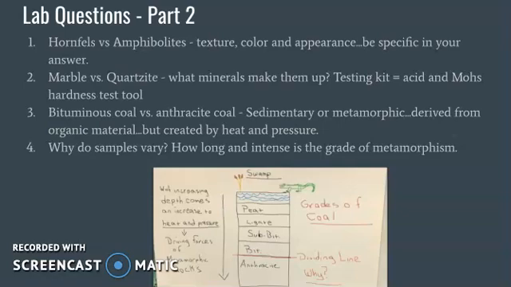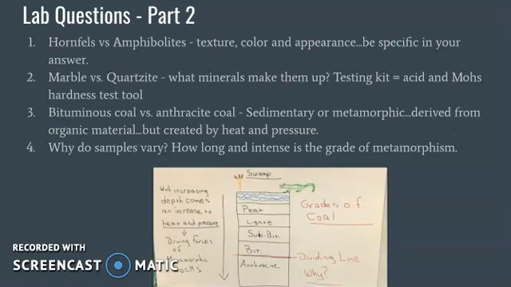Remember that coal is derived from organic material, which is why it's considered sedimentary, but also it is derived from an increase in heat and pressure on that organic material. And an increase in heat and pressure is what causes metamorphic rocks. So discern the difference between bituminous coal and anthracite coal and take into account how it is derived from organic material, but also derived due to an increase in heat and pressure.